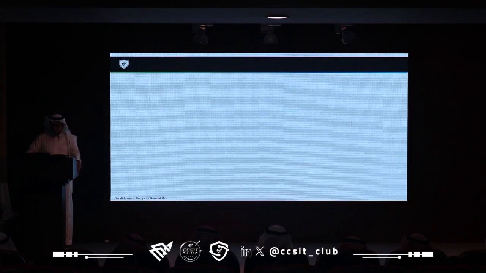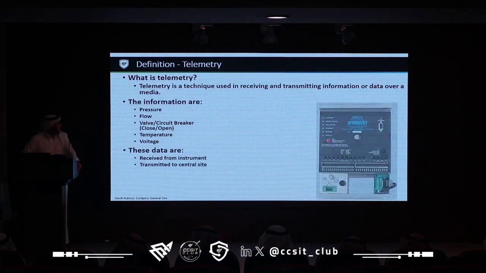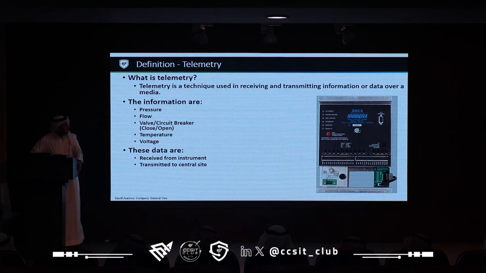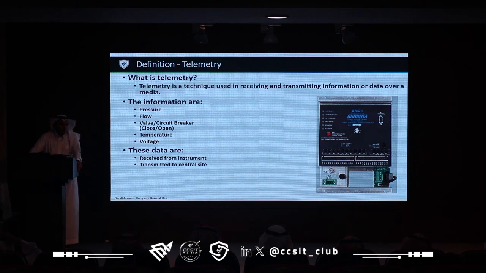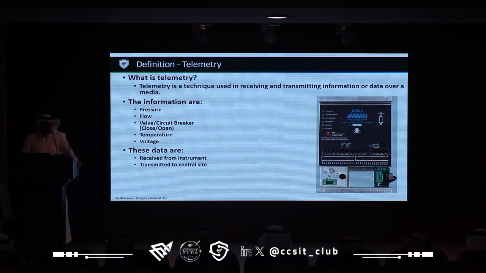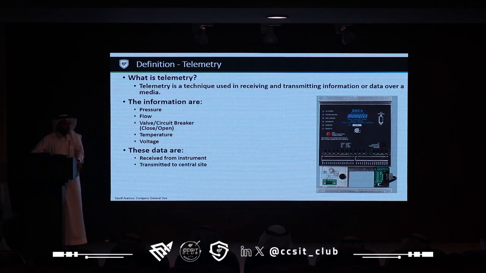And if you go to the other side of SCADA more deeply, it is telemetry. What is telemetry? It is the techniques used in receiving and transmitting information or data over the media between the field devices and the SCADA systems. This information includes pressure, flow, valve and circuit breaker status, close, open.